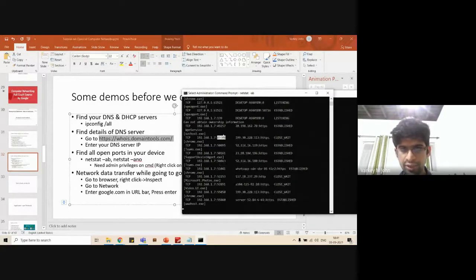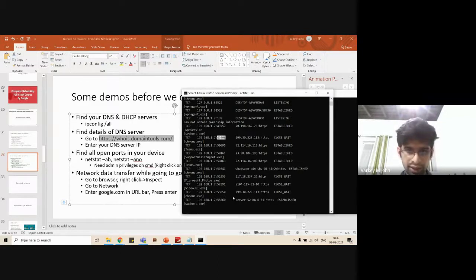What this means is my outgoing port is 49308. So Chrome.exe is using 49308, and let's say Google.com is using port 80 or port 443. That is how Google's server is communicating with my device. So my device is using 49308 as the outgoing port.